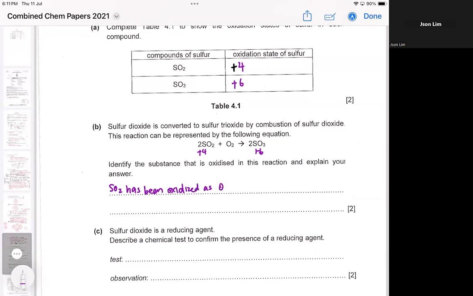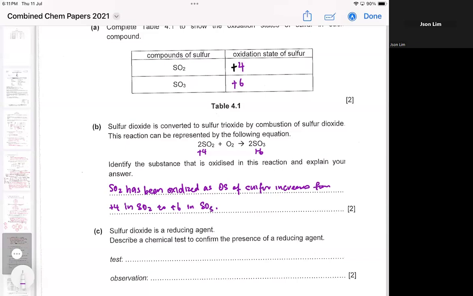So the sulfur dioxide is oxidized because the oxidation state of the element sulfur increases from +4 in SO2 to +6 in SO3.